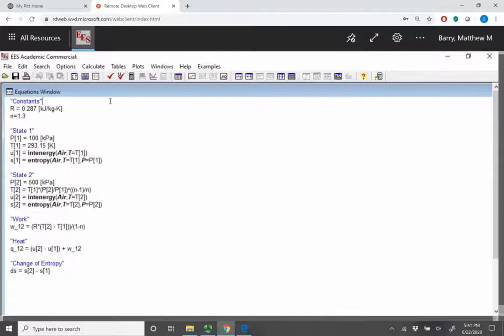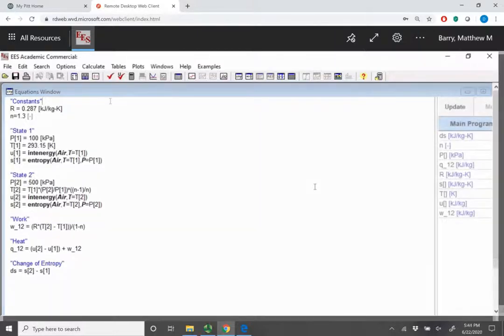Our work going from state 1 to state 2 on a per mass basis is our gas constant times the quantity T2 minus T1 per the quantity 1 minus n. Our heat input, Q going from state 1 to state 2, is a change of our internal energy between state 2 and state 1 plus our work, and we'll calculate our change of entropy between our final and initial state as a check. Now let us evaluate this for when n is equal to 1.3.